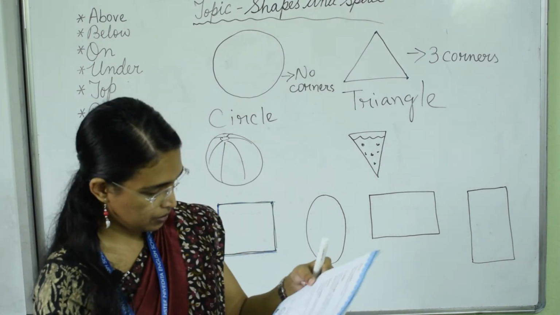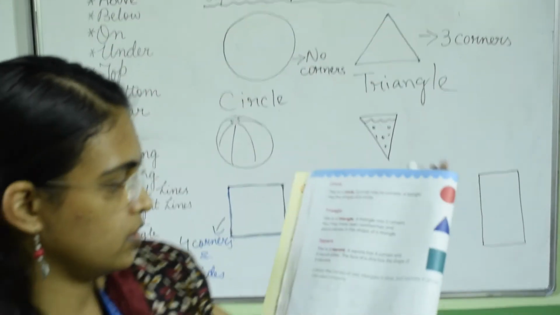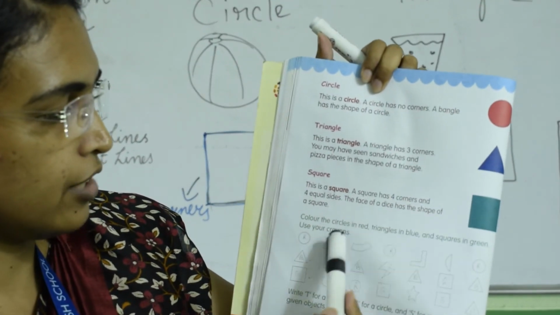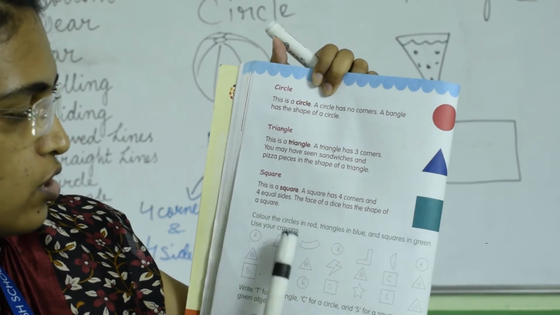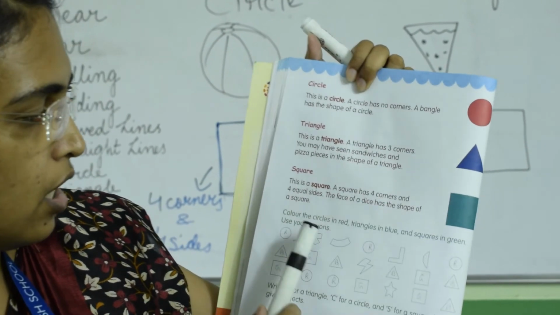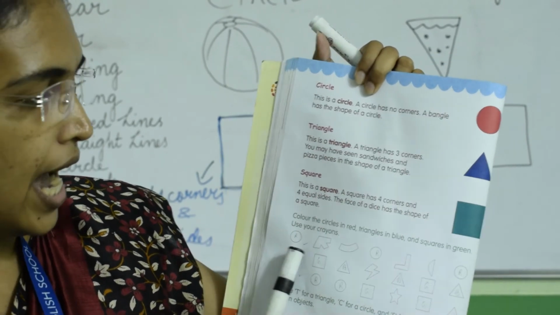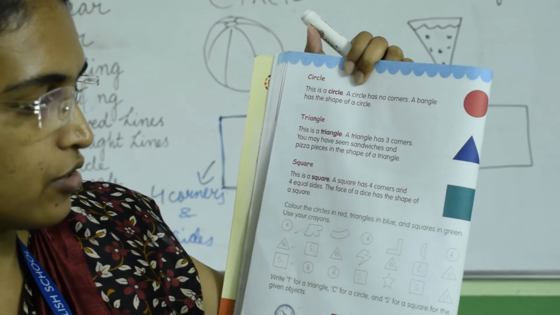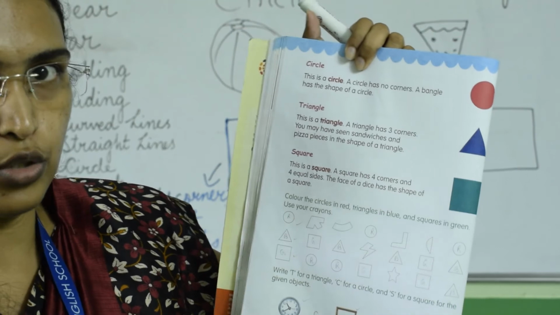look at page number 38. What is written here? Color the circles in red, triangles in blue and squares in green. Use your crayons. So you have to color all the circles in red and all the triangles in blue and all the squares in green. Okay, so take the colors and do it at home.